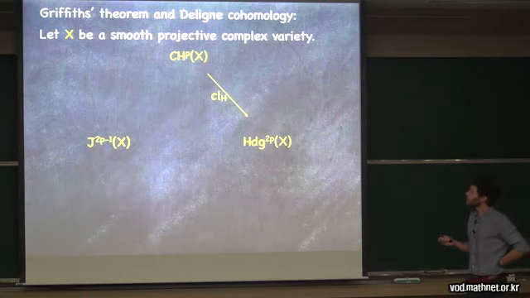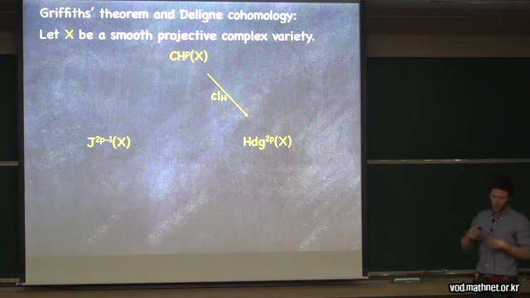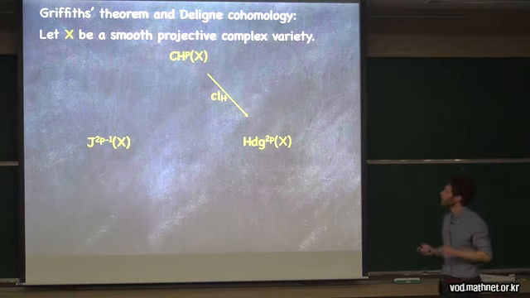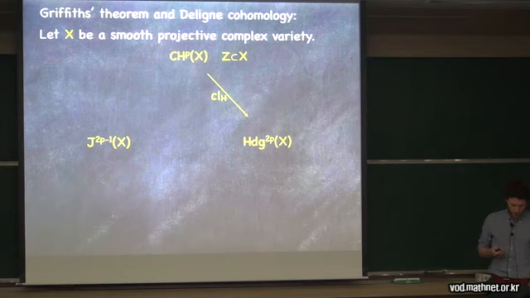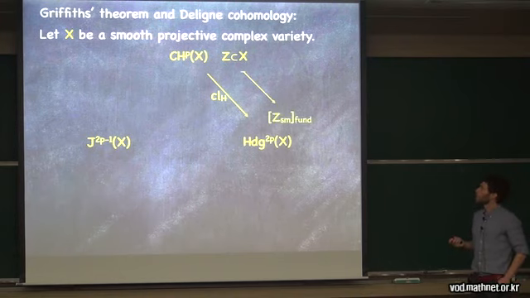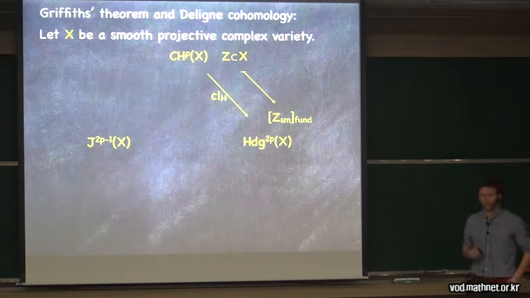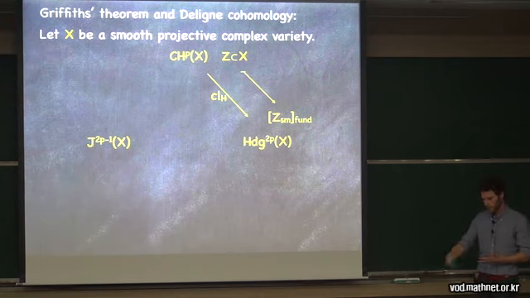It turns out that this cycle map actually lands in the so-called Hodge classes in the cohomology, a certain nice type of cohomology classes. And this map works like this: we start with an irreducible subvariety, and then we send it to the fundamental cohomology class. If it is not a smooth variety itself, then we may have to take a smooth resolution to make it nicer. We just take the associated fundamental class of the subspace.